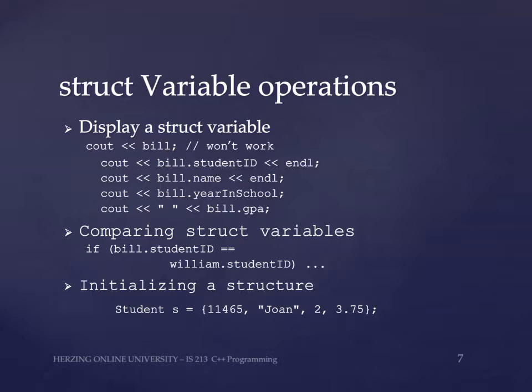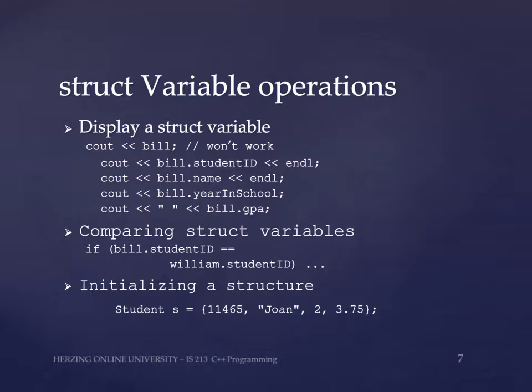How to initialize a structure. Struct variables can be initialized when defined. In this case, if we have the student s, these are the values of the student s member variables. So you have their ID, their name, their year in school, and their GPA.